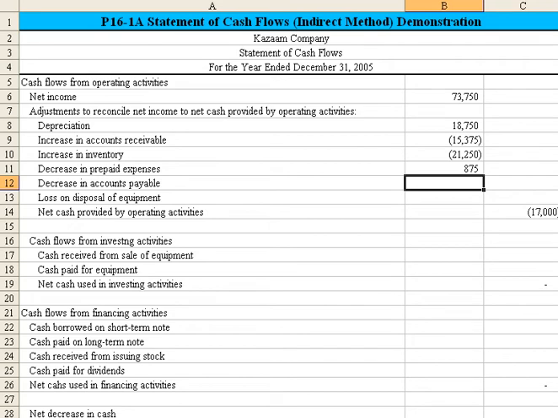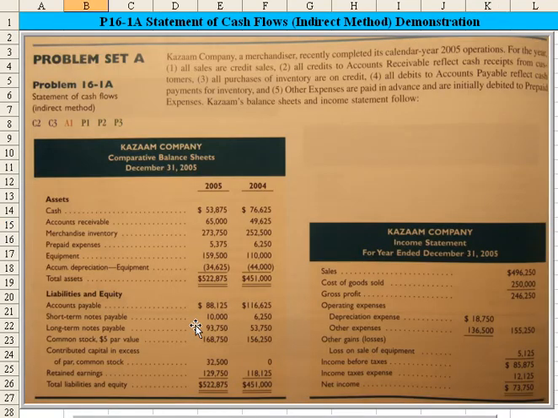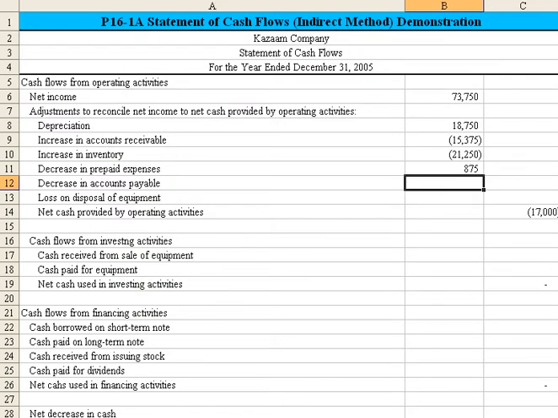I'm sorry, I've said that the wrong way. Let me look back again. We went from $116,000 and we reduced it to $88,125. That means since we had a decrease in accounts payable, that represents a use of cash because there are less vendors allowing us open credit at the end of the year than there were at the beginning of the year.